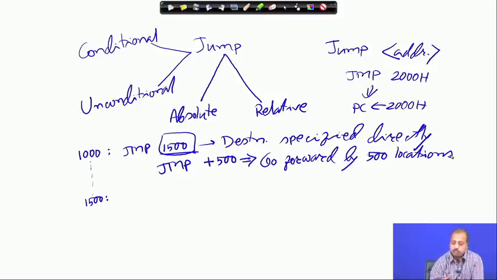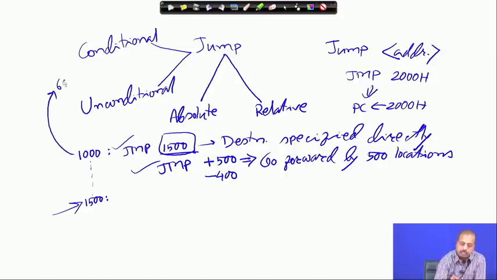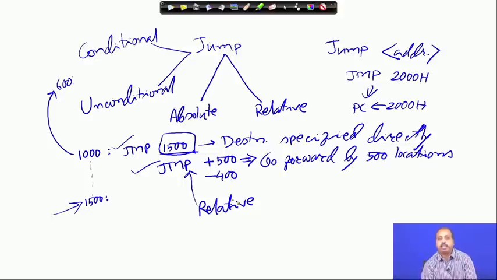The effect is the same, it comes to the same address, but the way we are telling it is different. Similarly, you can say jump minus 400, so that you go back to location 600. That way we can do both forward and backward jumps, and these are known as relative jumps, because the target address is specified relative to the current address.